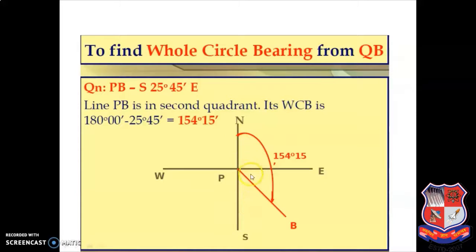So from 180 degree, if you deduct this value, 25 degree 45 minute, you will get the value from here to here. And what is that answer? 154 degree 15 minute. The same thing I have done here. Line PB is in the second quadrant. Its WCB is 180 minus this value, from here to here. You just deduct it from 180.